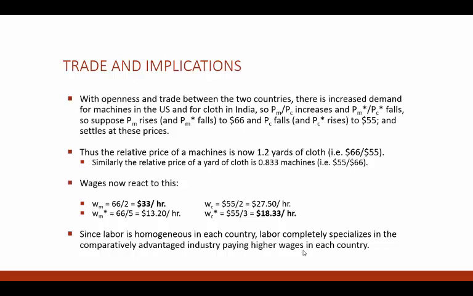As a result, wages in the machine industry in the US rise to $33 per hour, while they fall in India to $13.20 per hour. Similarly, wages in the cloth industry fall in the US to $27.50 per hour and rise in India to $18.33 per hour. Since labor in each country is homogeneous, it specializes completely in the industry paying the higher wage.